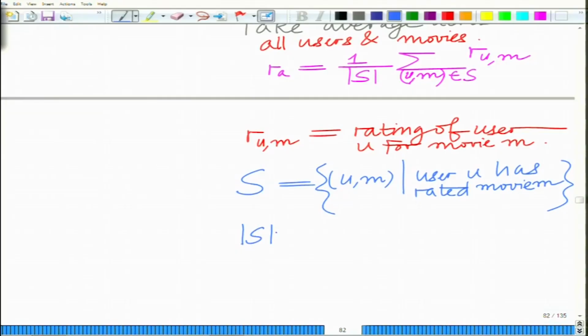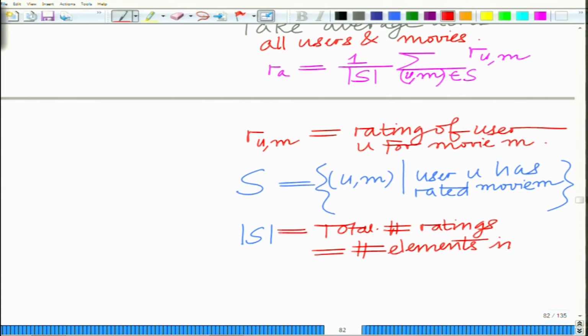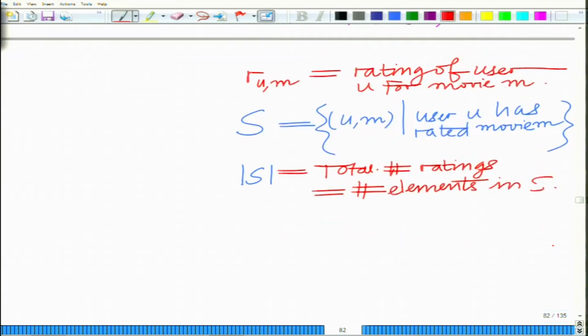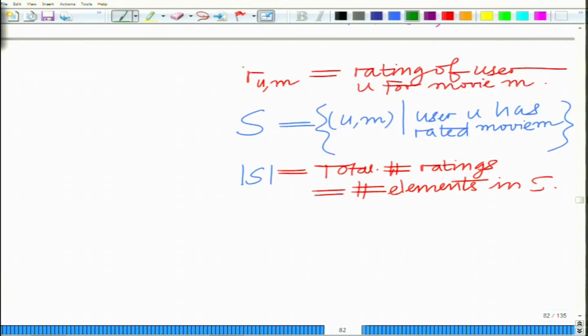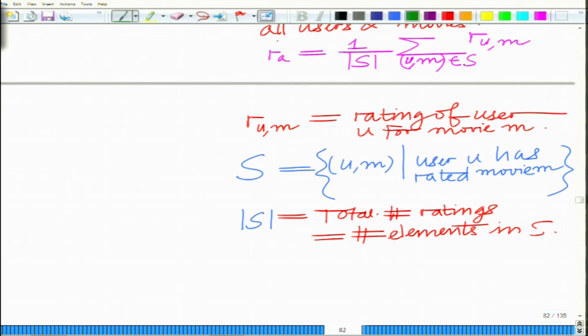And this quantity, the denominator, is basically the number of elements in S, the total number of ratings. So now this is also termed a lazy predictor. You can think of this R_A as R average, the average rating.